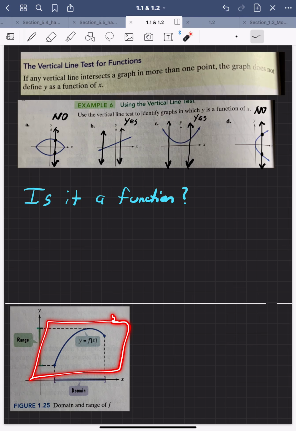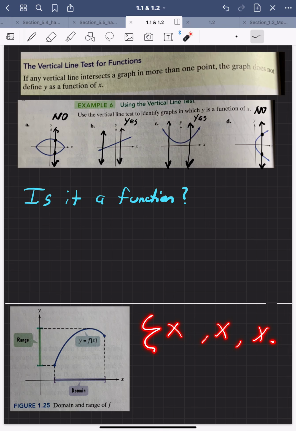Well, first off, let's agree you can't just write a bunch of numbers here, because there's an infinite amount of x values from here to here.